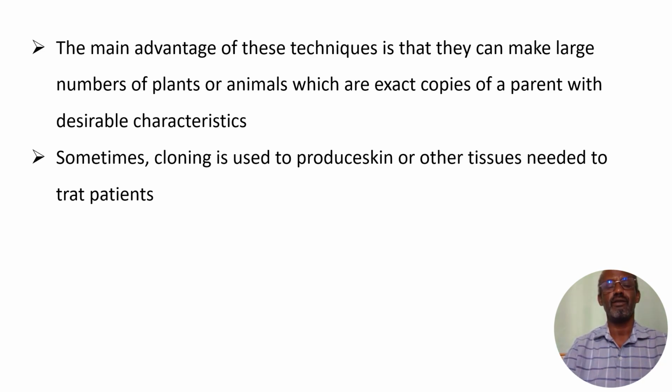Therefore, one advantage, of course, is asexual reproduction. One advantage of asexual reproduction is that if you need one special trait, one special quality in an animal or a plant, you don't want that special quality to be lost by hybridization, by mixing genes with other groups that have different traits.